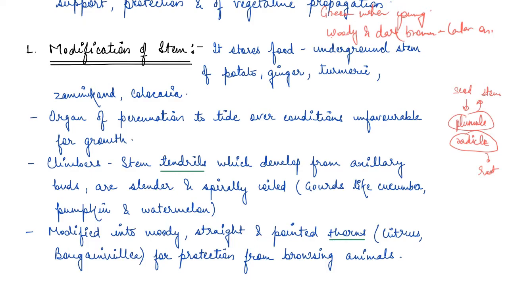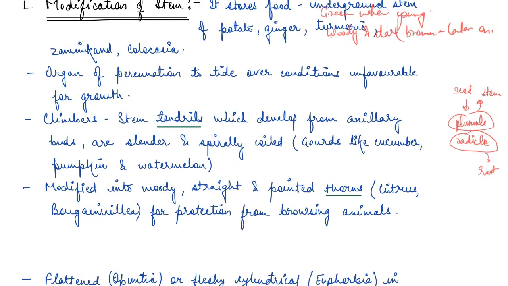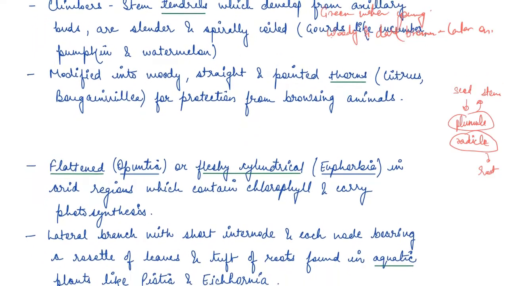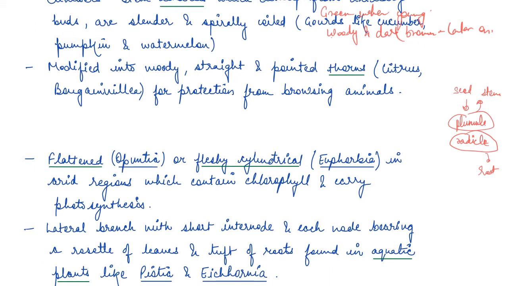Now these thorns are found in many plants such as citrus and bougainvillea. Why is this modified into a thorn? It is modified for protection from animals. Many animals graze on plants, so just to avoid that, many plants contain thorns, right?